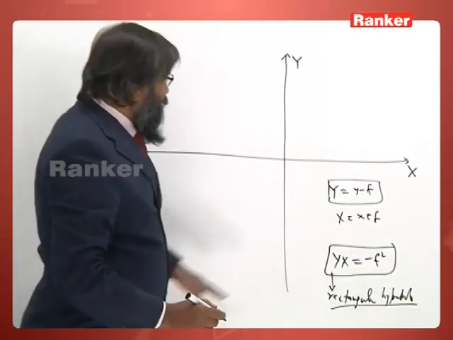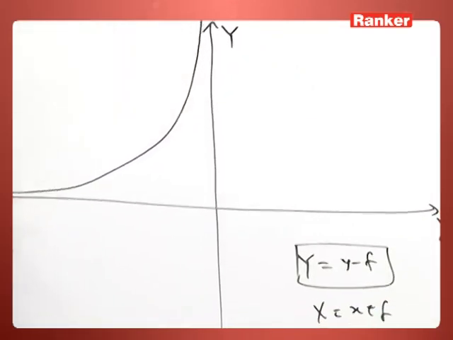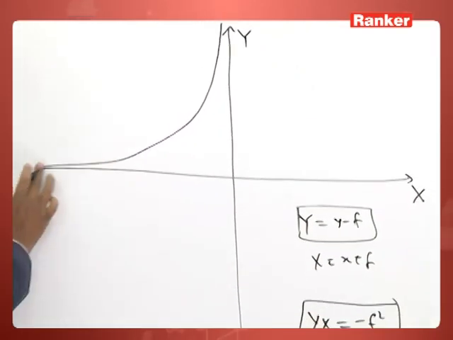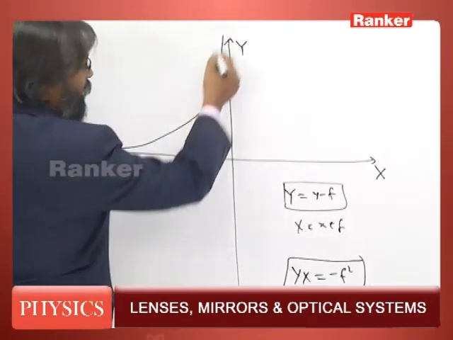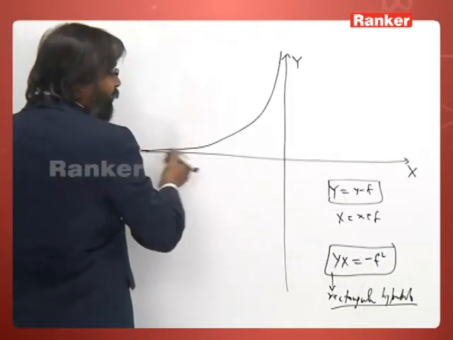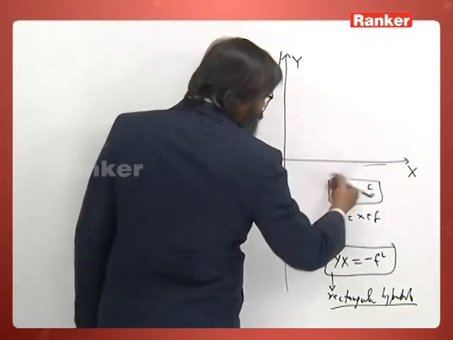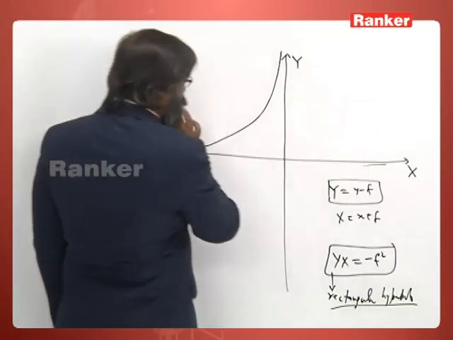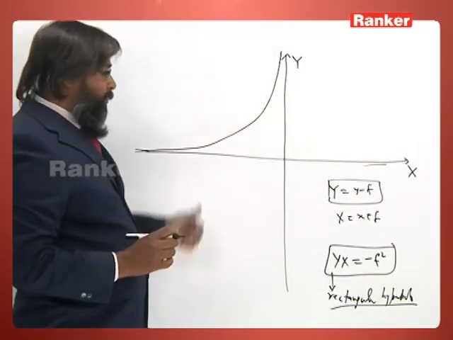So this equation is the rectangular hyperbola. The asymptotes are here, this x axis and y axis. These are asymptotes, meaning at infinity they will meet here. We are not interested in this part because we are interested in the real object positions.